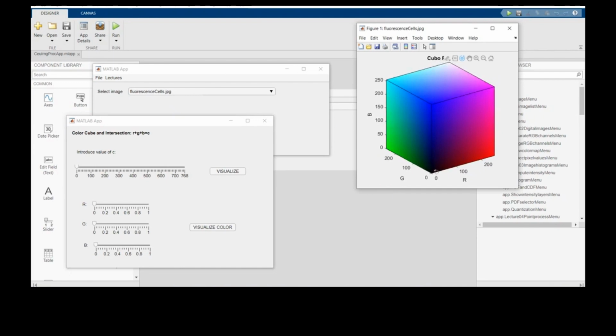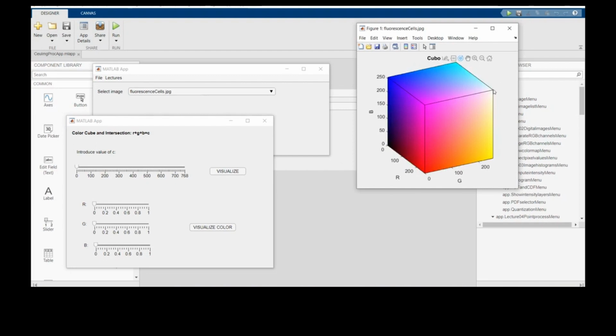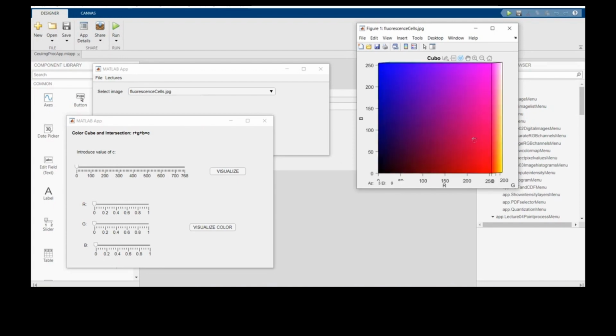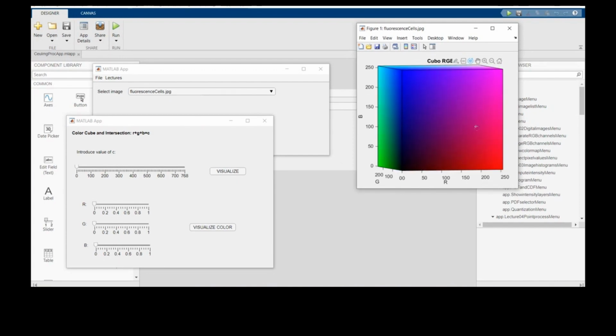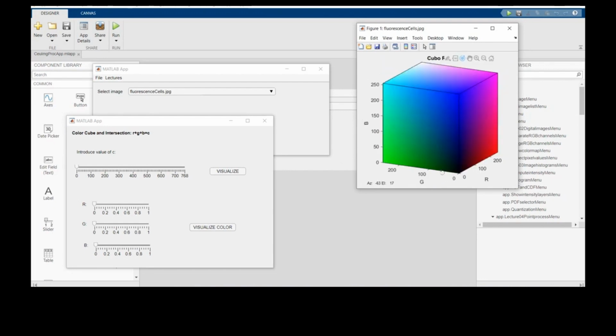So this would be the 0, 0, 0 corner, and this on the other side would be the 1, 1, 1 or 255, 255, 255. So this would be white, this would be black, and then you have the red axis. So all these points here, they are red. All these points here in this axis, they are blue. And all these points, they are green, pure green, with different intensities, but they are pure green, pure red, pure blue.